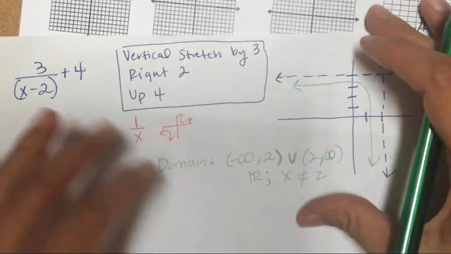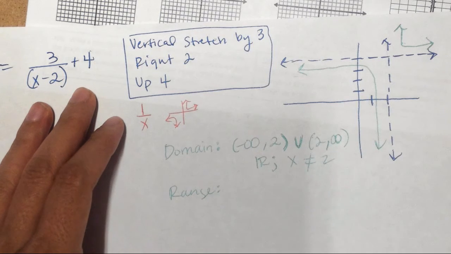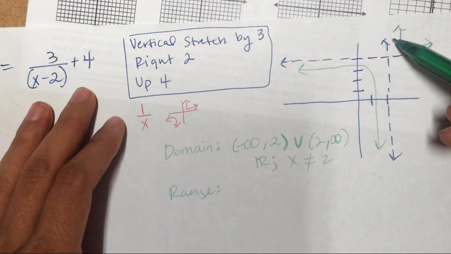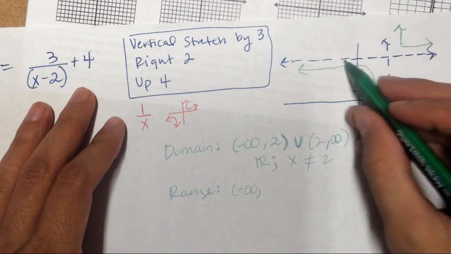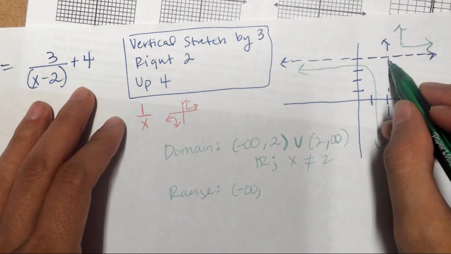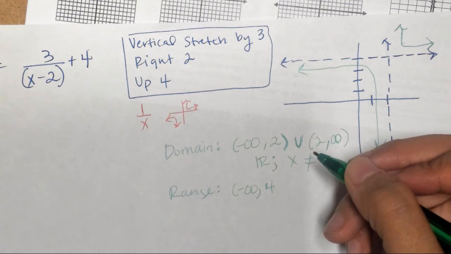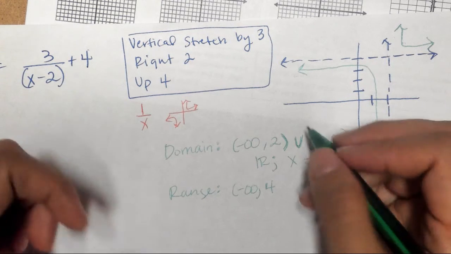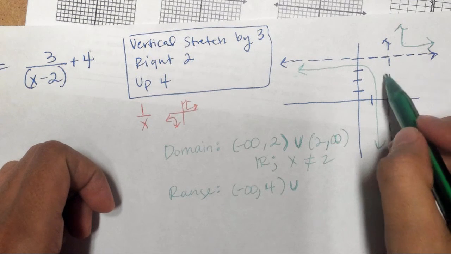Alright, so let's now talk about our range. Our range is bottom to top. So my range is going to be negative infinity all the way to this asymptote right here, our horizontal asymptote, and that's at 4. So it gets really, really close to 4, but it doesn't hit 4, so that's a parentheses. Union again means or.